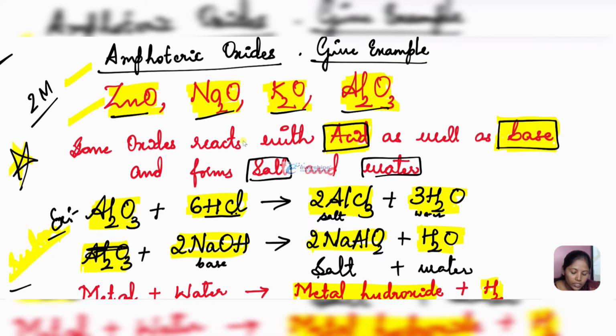Any such oxides that react with both acids as well as bases are called amphoteric oxides. See down, I have written the reaction. Al2O3, aluminium oxide, reacts with hydrochloric acid to form salt and water, and the same Al2O3 reacts with the base NaOH to form salt and water. Such oxides are called amphoteric oxides. So here examples are given.